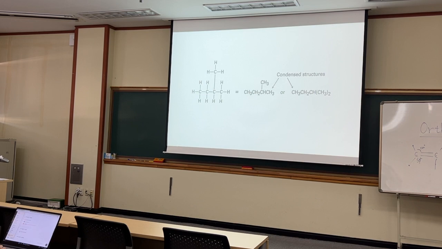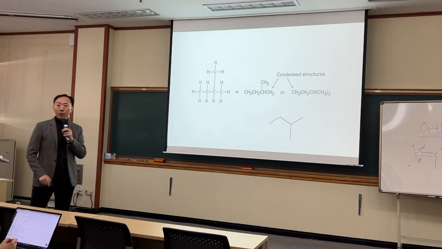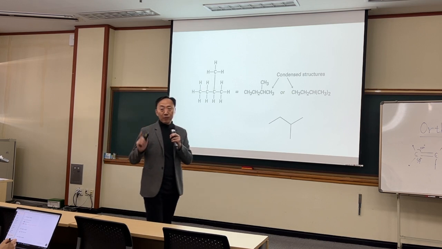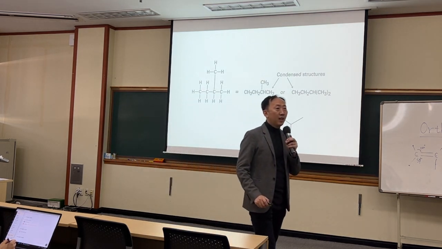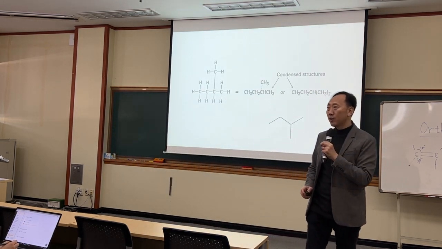So the simplest way we invented is this way. Only the skeleton structure of carbons. So here, 1, 2, 3, 4 carbons. I drew only carbons. Maybe this is the simplest way we can think of. Ignore electrons, ignore hydrogen.